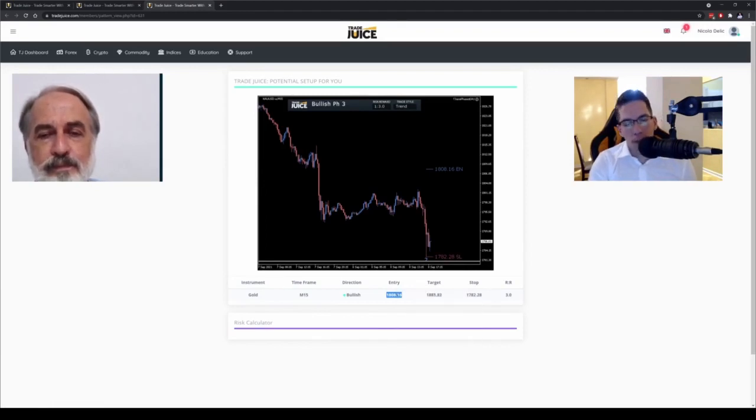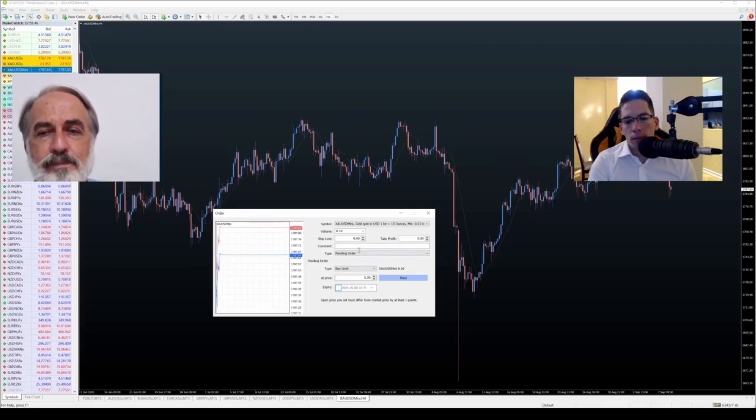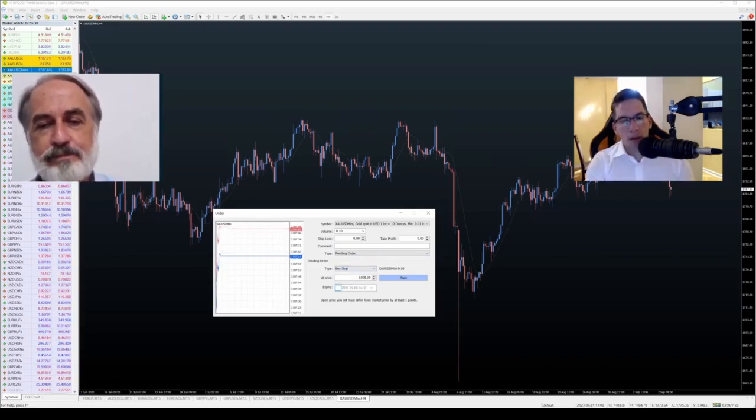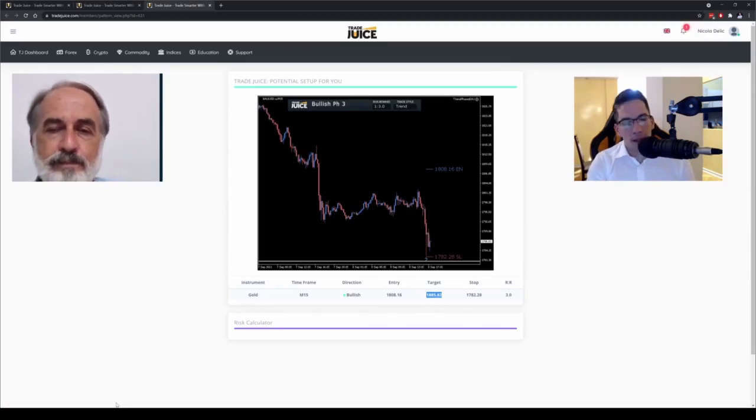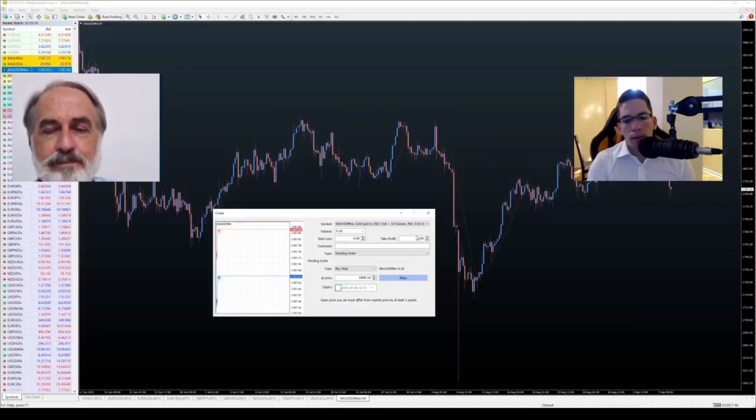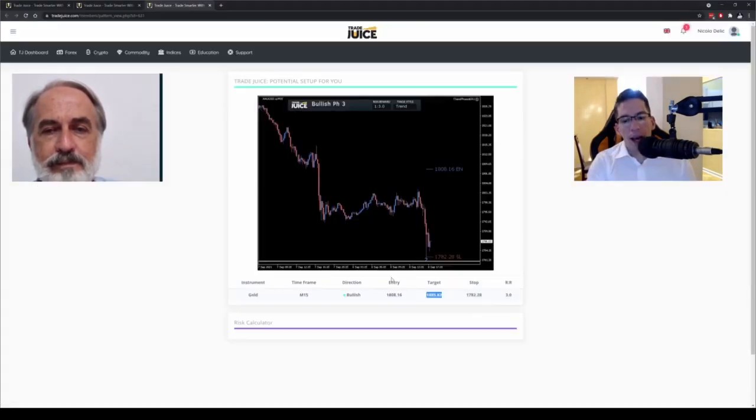So we just need to copy the entry price. After that, we are just going to copy the target price, copying to take profit, and finally the stop loss.